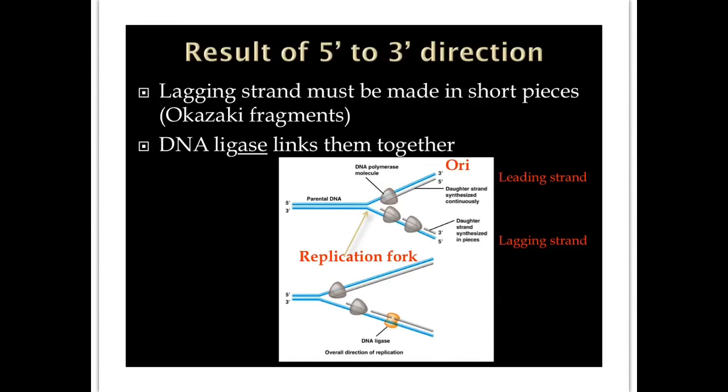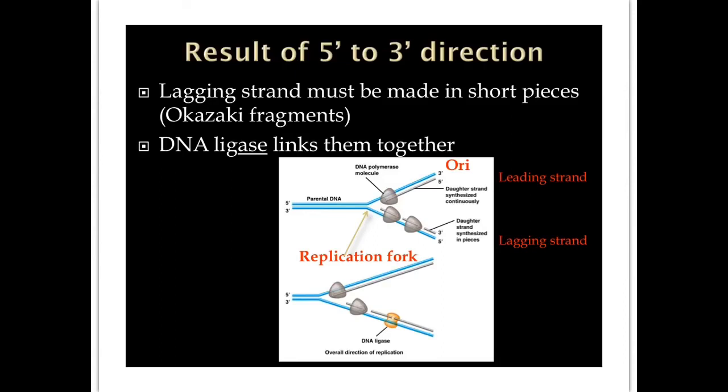As my parental DNA is opening up, and the parental DNA is shown in blue, this one is called the leading strand, because if this is the 3' end of my parental strand, then this is going to be a 5' end of my new strand being built. So here DNA polymerase can attach, and then it can just build from 5' to 3', and it can build continuously as this replication fork opens more and more.